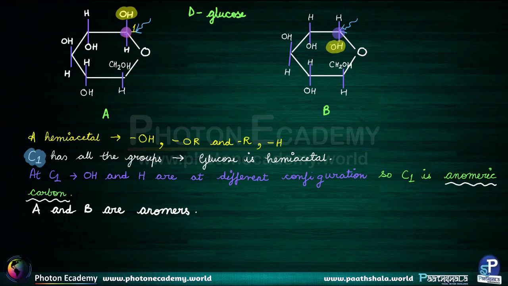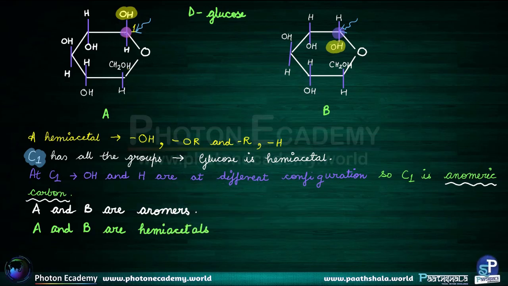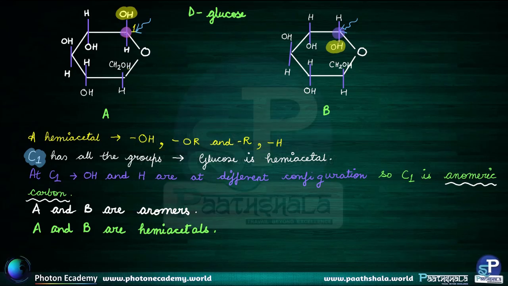Let us also write the conclusion, that A and B are also hemiacetals, as we have seen, because they possess all the four groups that are required for a structure to appear as hemiacetal. So this glucose is a carbohydrate whose cyclic forms, the A and B forms, are anomers, and A and B are also hemiacetals. Okay, so I can infer this from this.